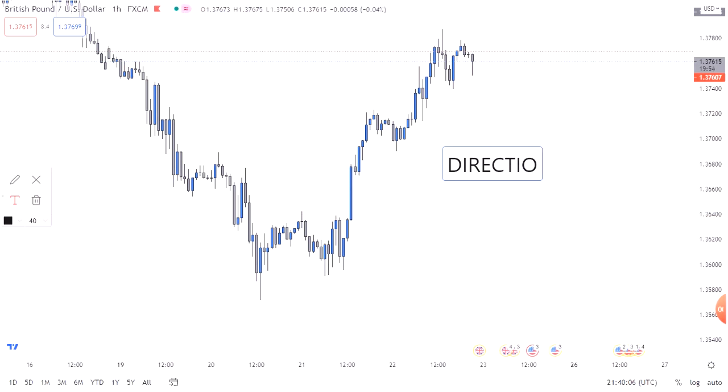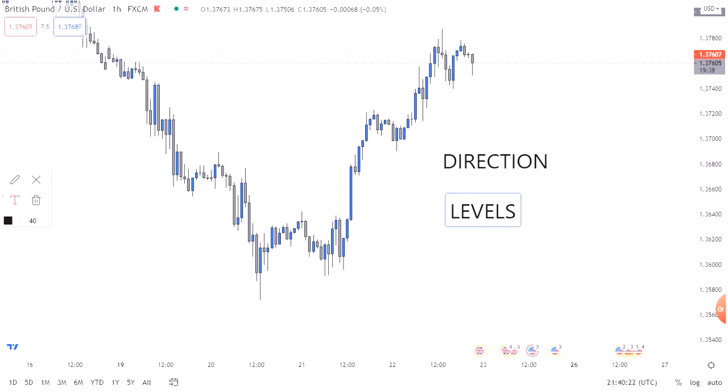What direction is the market going in? The second one is levels. What levels is the market creating? The third one is candlesticks. What type of candlesticks are being printed at that zone?